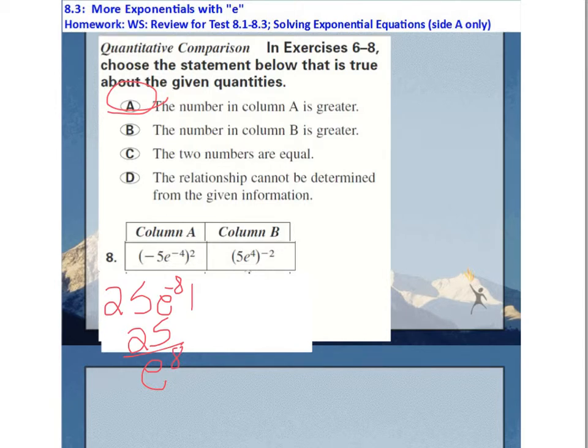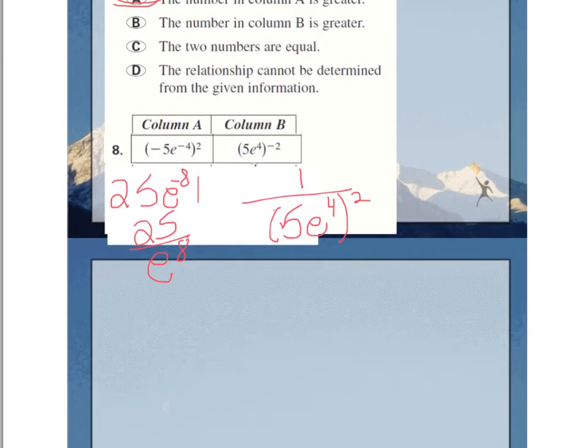On the right-hand side, the whole piece moves to the denominator. So that's 5 e to the 4th squared. And then simplifying that, that's 1 over 25 e to the 8th. So the value in column A is greater because the 25 is in the numerator versus the denominator here being a larger denominator.